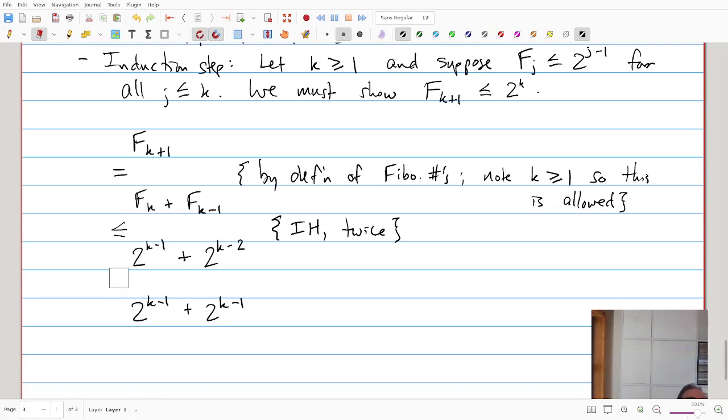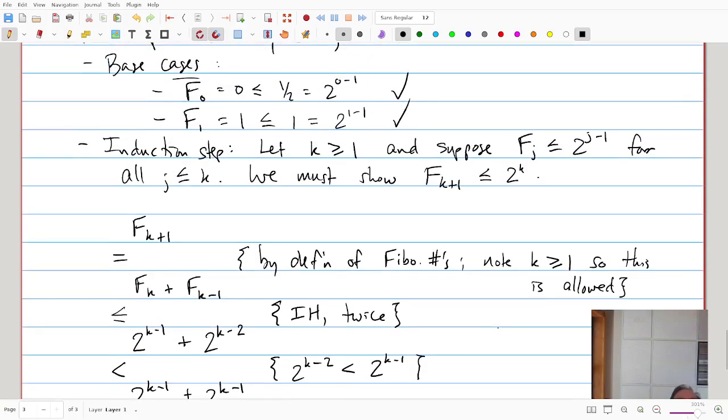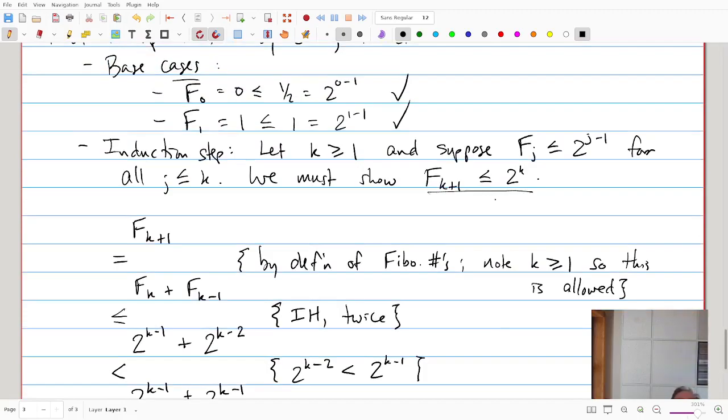It's definitely not equal to, right? It's just less than. So this is the fact that 2 to the k minus 2 is less than 2 to the k minus 1. Okay? Well, now that's equal to 2 times 2 to the k minus 1, which of course is equal to 2 to the k. This is just algebra. And that's what I was trying to show, right? We're trying to show that F(k+1) is less than or equal to 2 to the k.